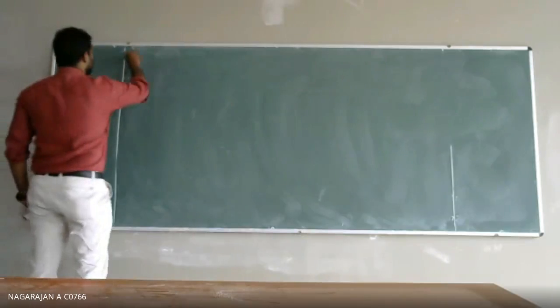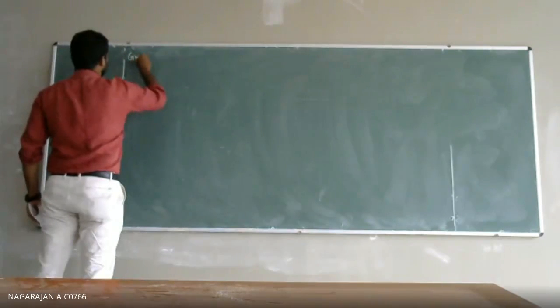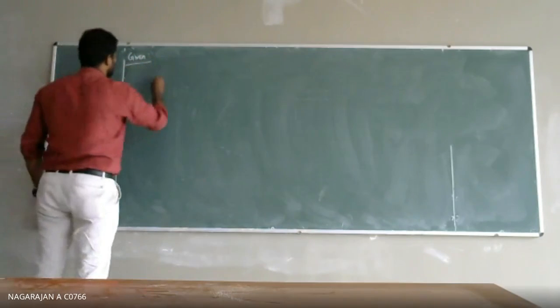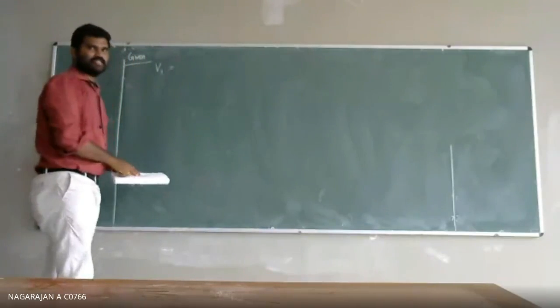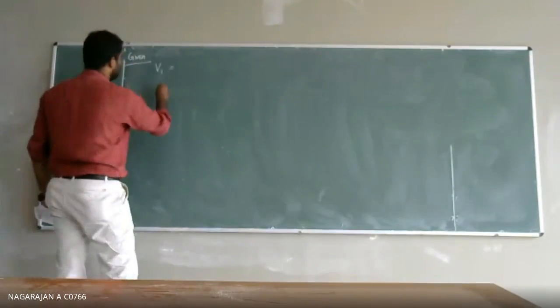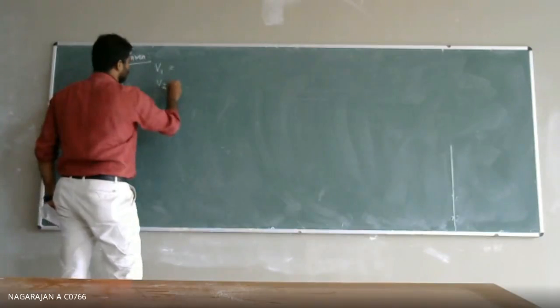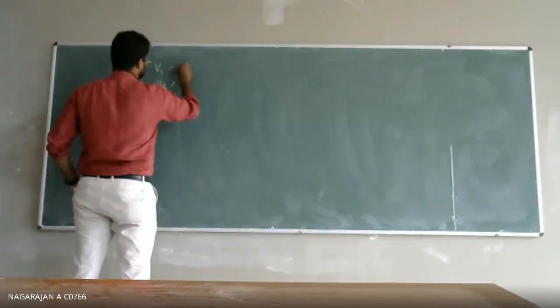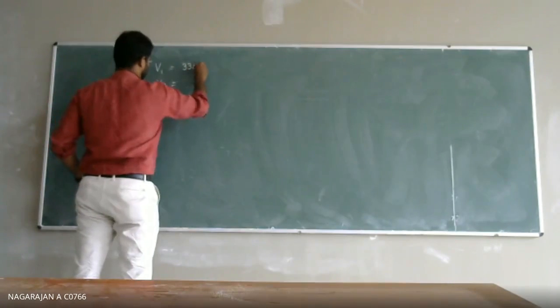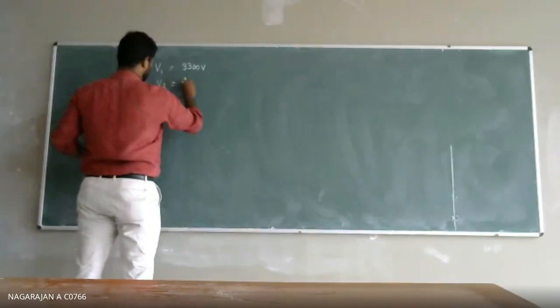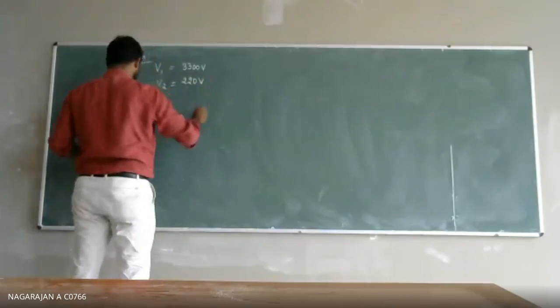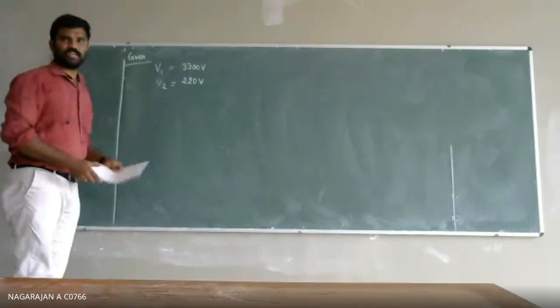So what are the data given? They have given the voltage ratios V1 and V2. The value of V1 is 3300 volts, and V2 is 220 volts, isn't it? Okay.